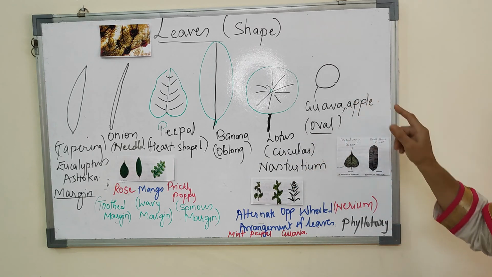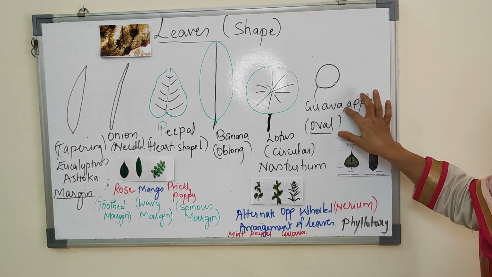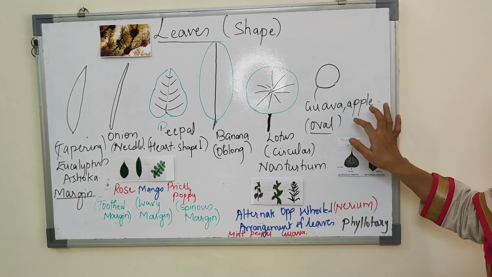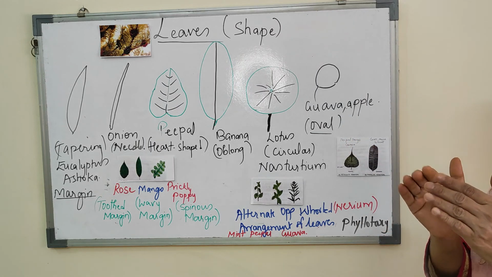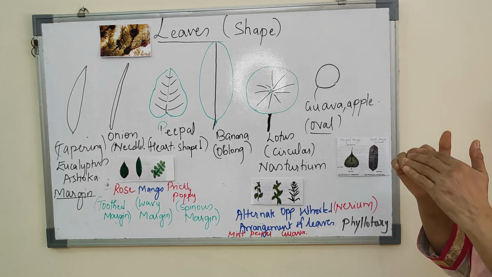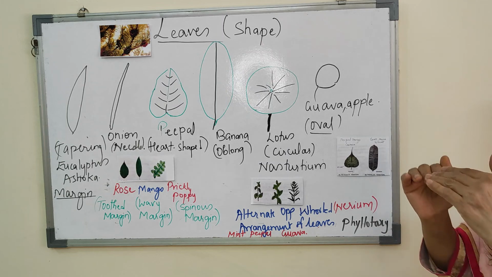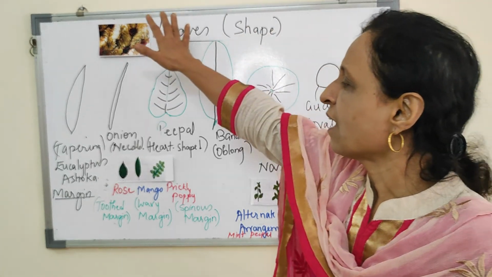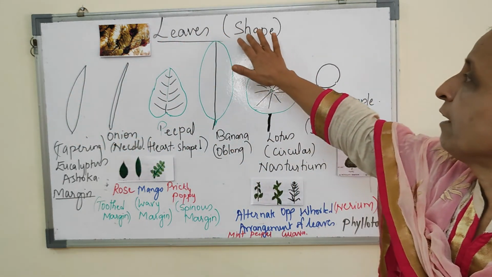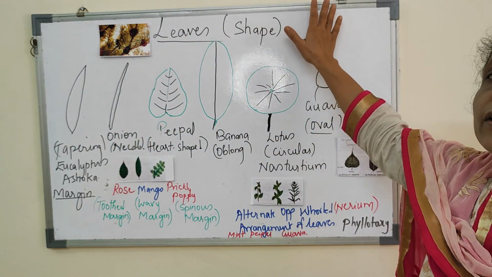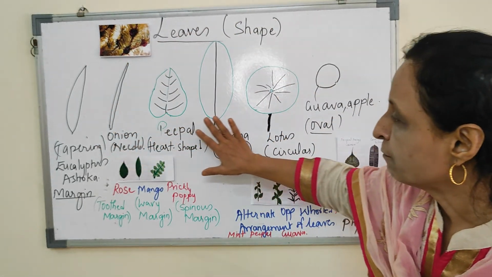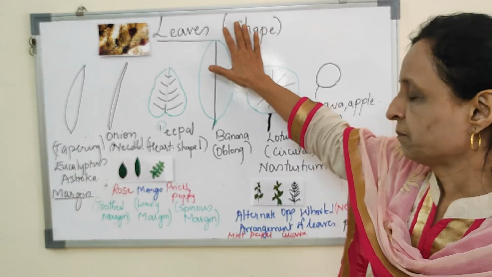Then the leaf of guava, apple. They are oval, not exactly circular but oval in shape. So this is the general classification of leaves according to the shape, the different shapes of leaves which you find in nature.